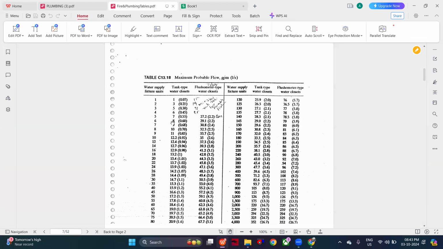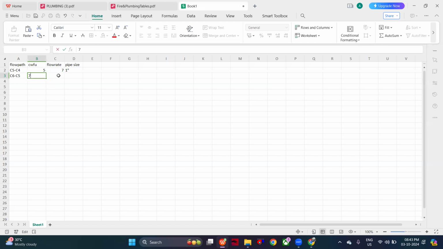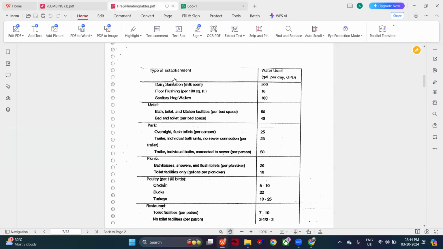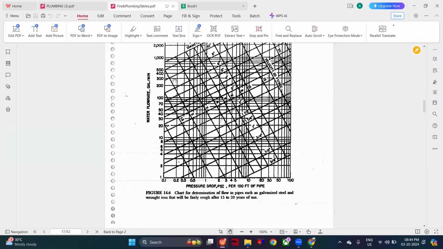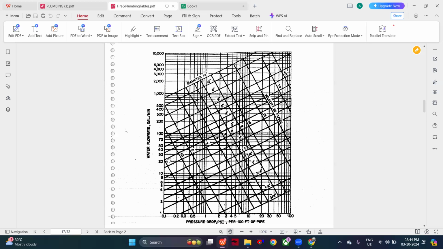For a 7 fixture unit, I need 9 GPM. Now it's 9 GPM, and I need to find out the pipe size. Go to page number 17. 9 is more than 8, so it's the 9 line, and with the 5 head loss, it seems more accurate to 1 inch.